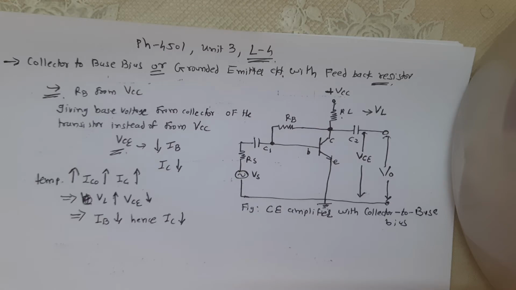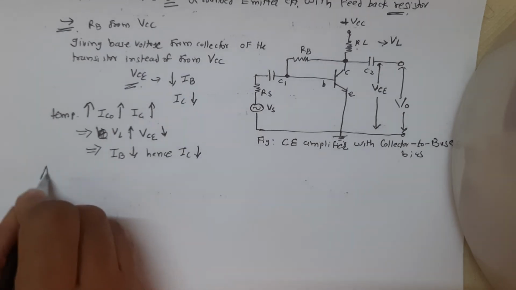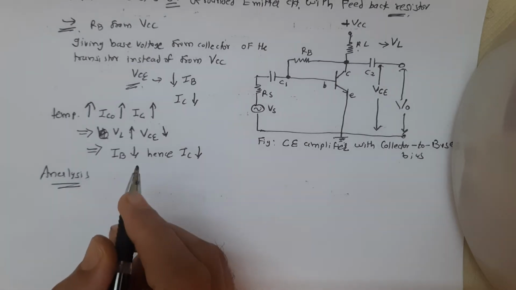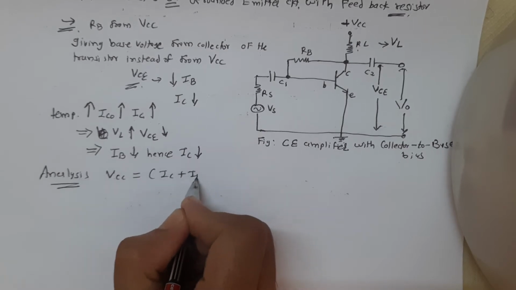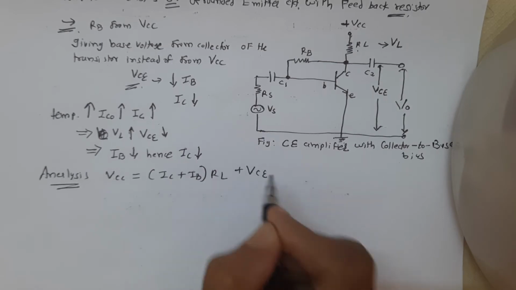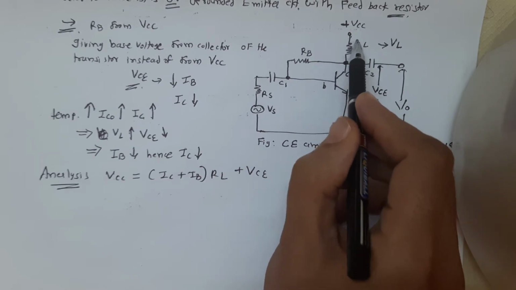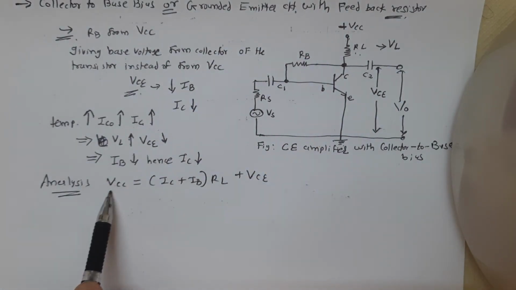Now we are discussing the analysis of this circuit. From the figure above, we analyze the circuit. VCC is equal to (IC plus IB) into RL plus VCE. From the output side, there is IC plus IB. So (IC plus IB) into RL plus VCE is equal to VCC.